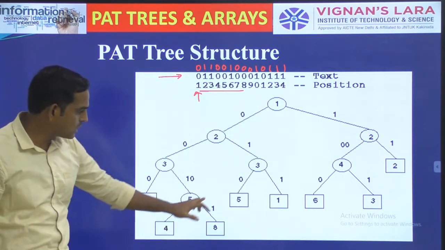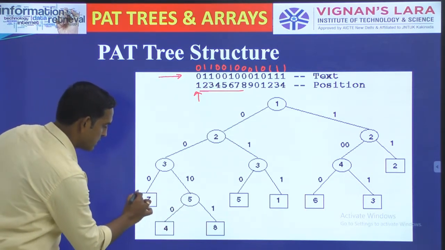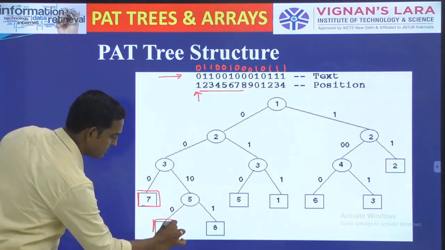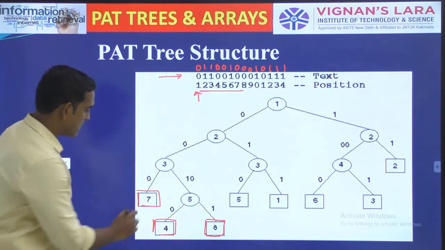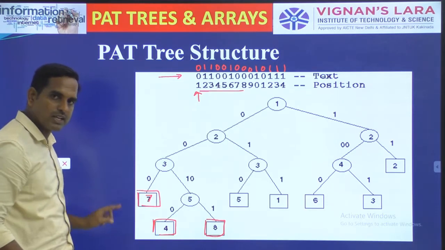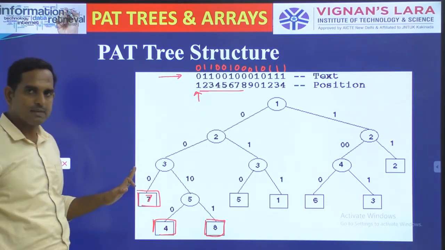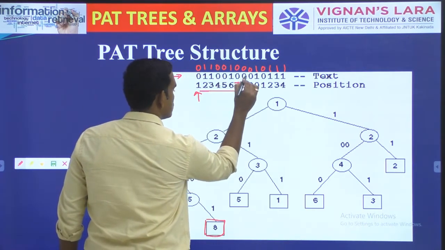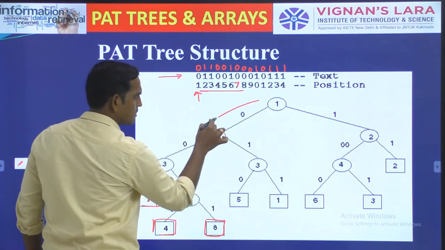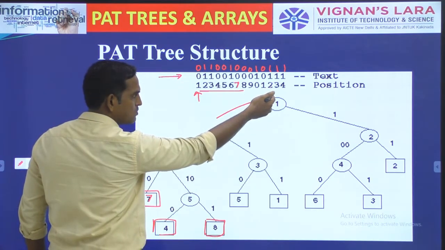The outer nodes are specified by squares, which signify your strings. Here I have 7. 7 means it signifies the 7th string, that is 0 0 0. I start from the root to this position.